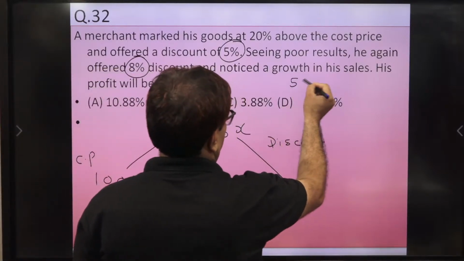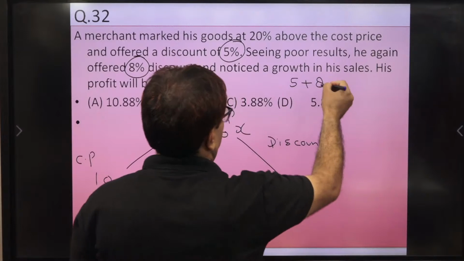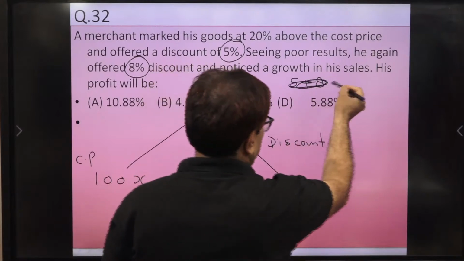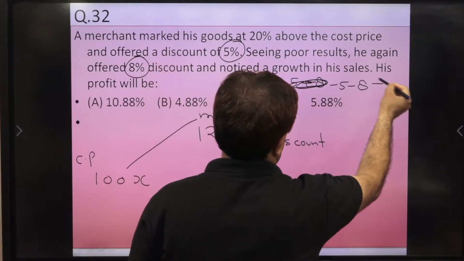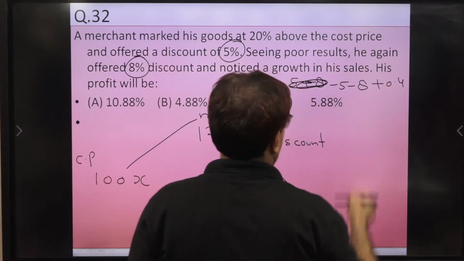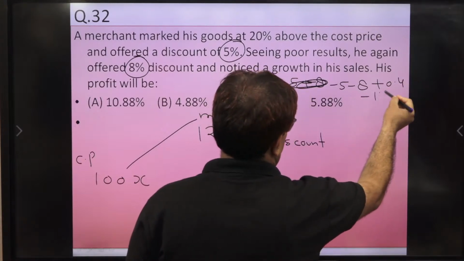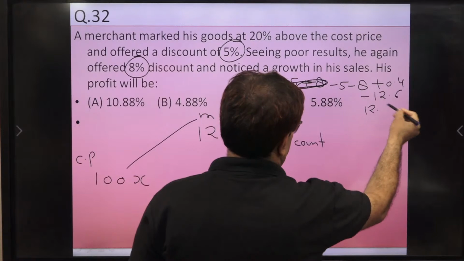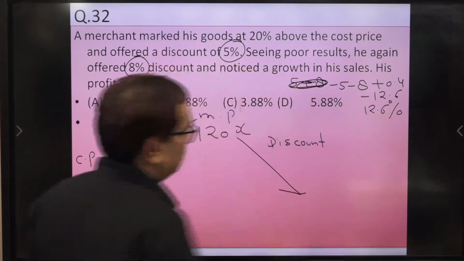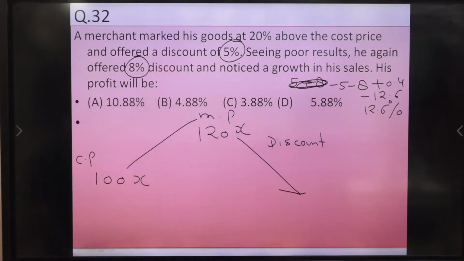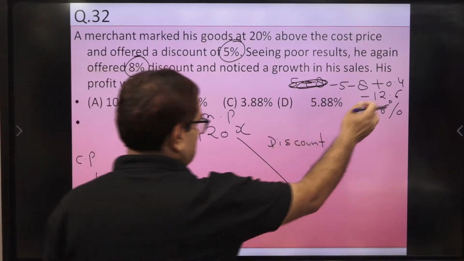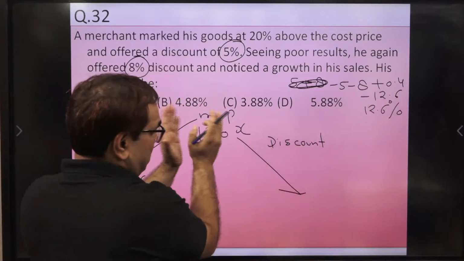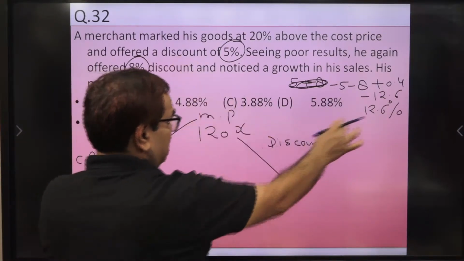You can write minus 5 minus 8 and then plus 0.4. So it is minus 12.6, or we can say 12.6% discount. Got it? So the single equivalent discount is 12.6%. On this mark price, the merchant is giving this discount.